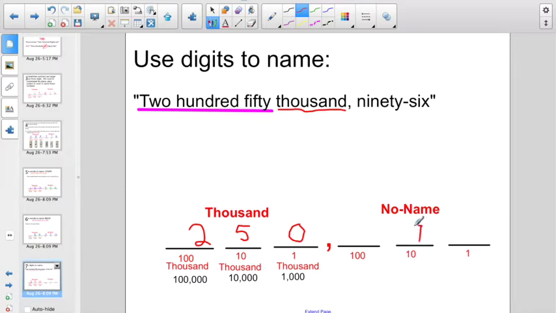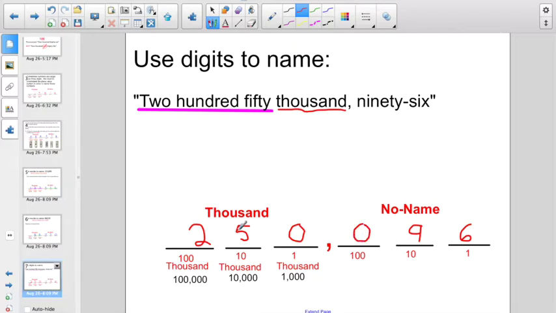Well, we should know that 96 means 9 tens, and it's also going to mean that you have 6 ones. So I need a digit over here. How many hundreds are there in 96? There are 0.